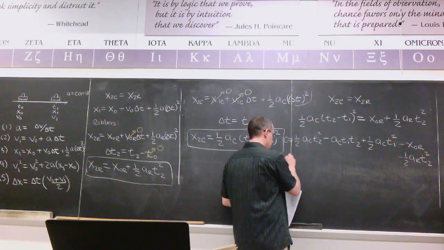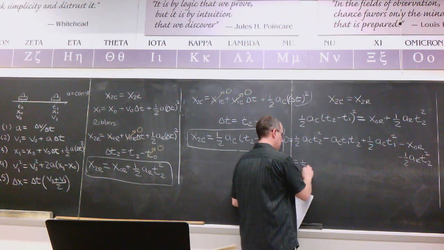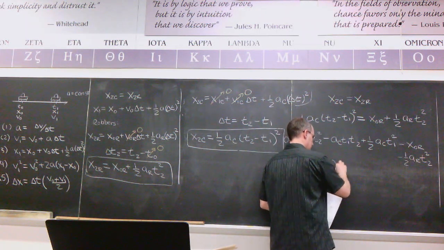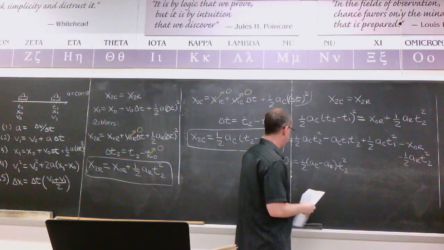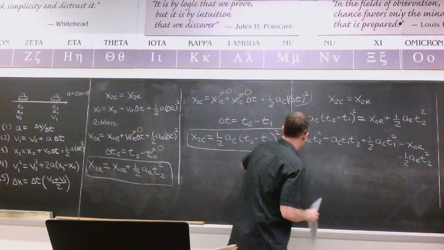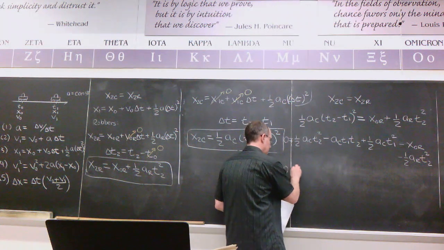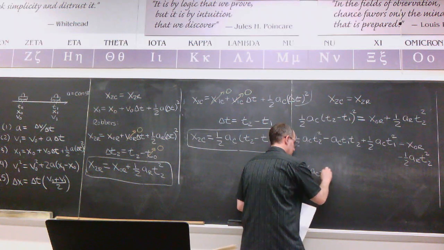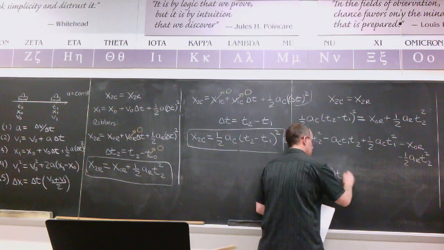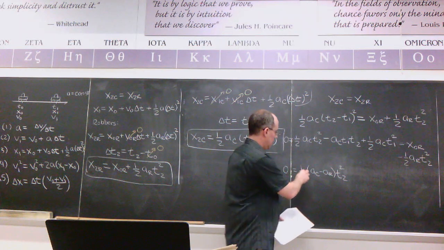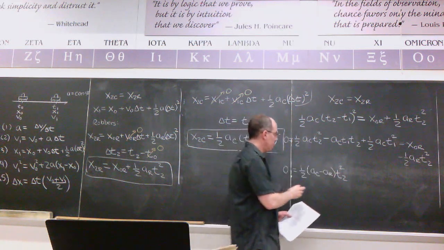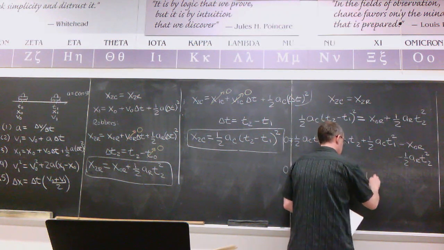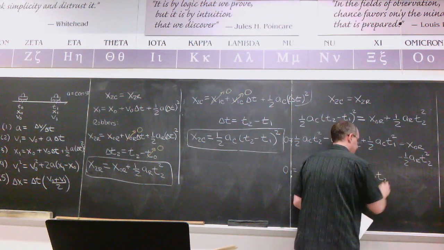Thus, you have 0 equals 1/2 quantity a cops minus a robbers, t2 squared. Okay, that's our quadratic term. Minus a cops t1 times t2.